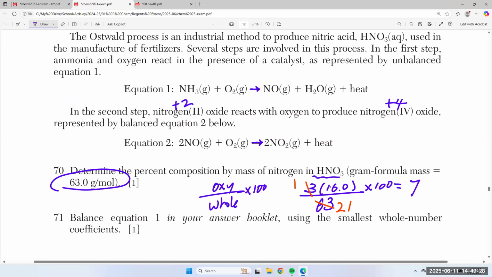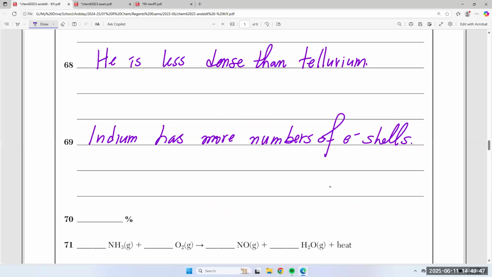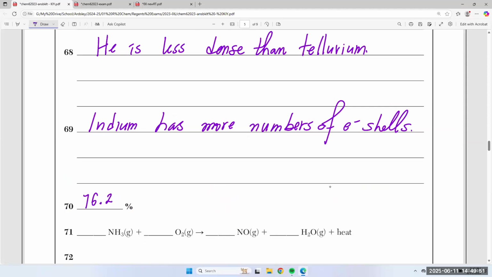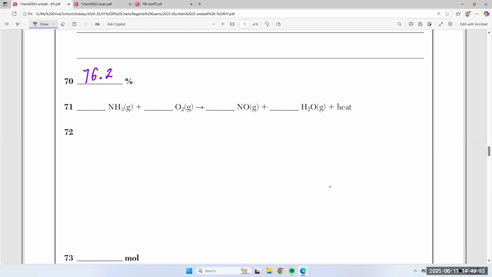It got 3 right here, 3 sig figs, and I assumed 3 sig figs because I pulled the oxygen from the reference table. So I'm going to keep my answer to 3 sig figs, which will be 76.2%. Also, once again, please make your periods and decimals legible.